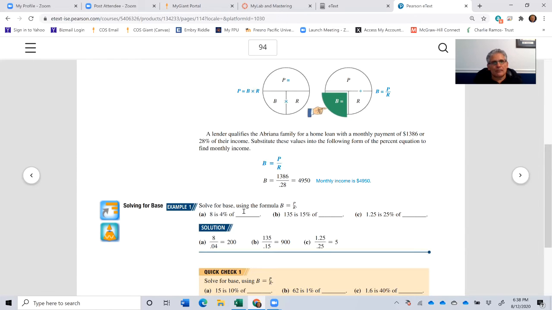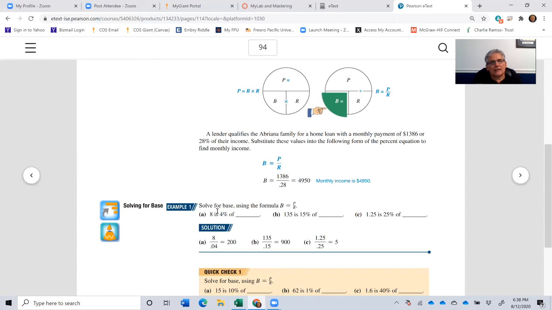Solve for the base using the following: B equals P divided by R. 8 is 4% of what? Well, we're looking for the base. Usually we have the result, but in this case, it's not. 8 is 4% of what?